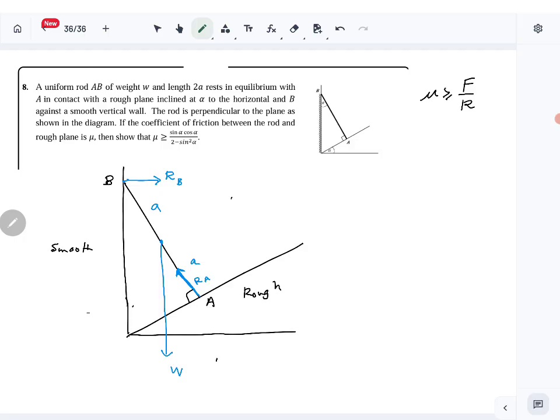Now friction should be marked in which direction? This is in equilibrium, so the rod will normally try to slide down. If its tendency is to slide down, then the friction will be trying to stop that. So friction should be marked up along the plane, like that.